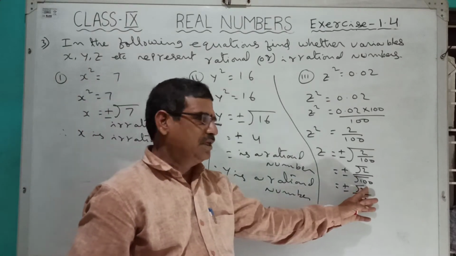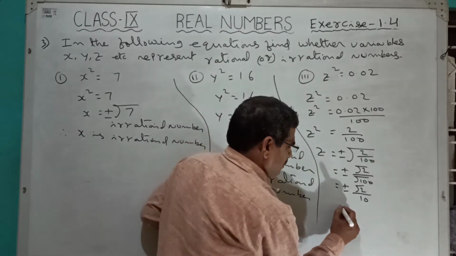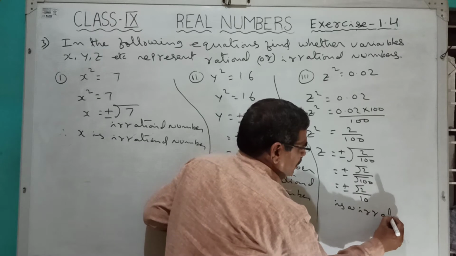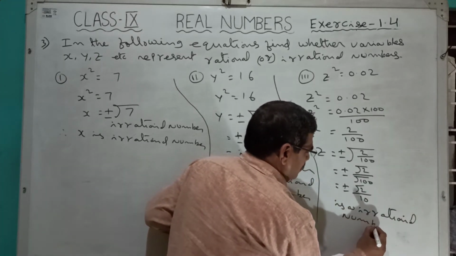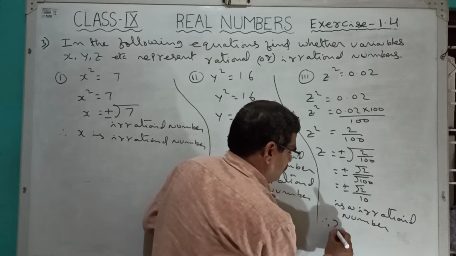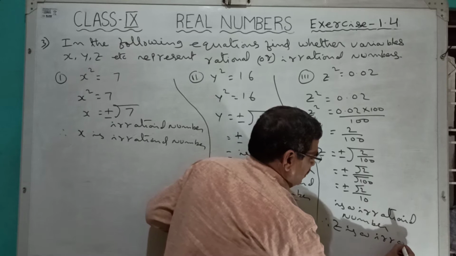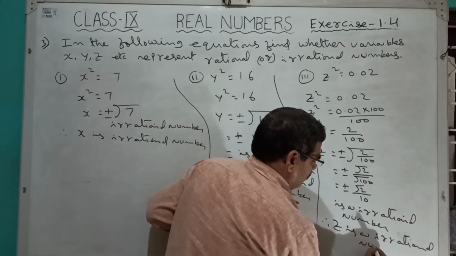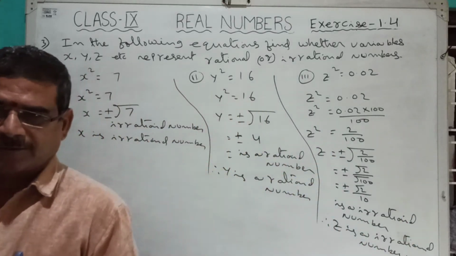So this is an irrational number and this is a rational number. So the overall value is an irrational number. Therefore, z is an irrational number.